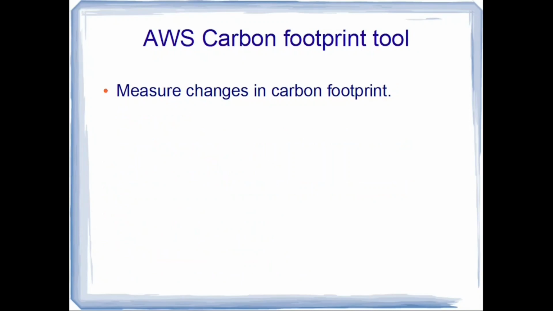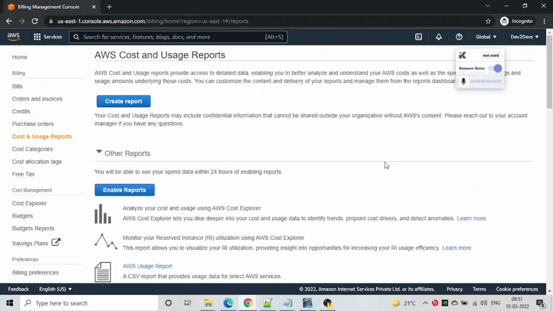Even if they are deploying new resources in AWS, they can measure changes in the carbon footprint. And this tool created by AWS meets the standard of the Greenhouse Gas Protocol. This protocol is developed as a standard protocol for measuring carbon footprint.